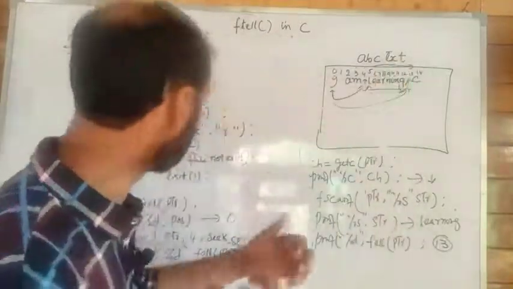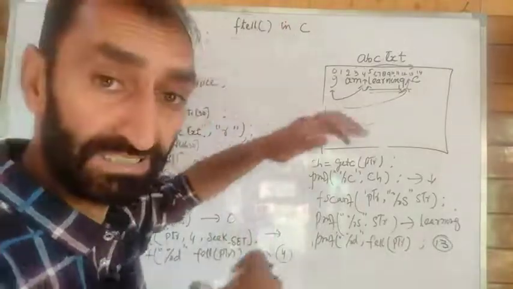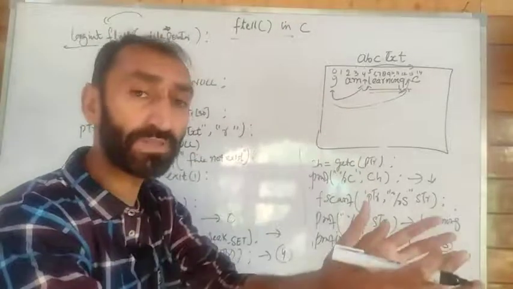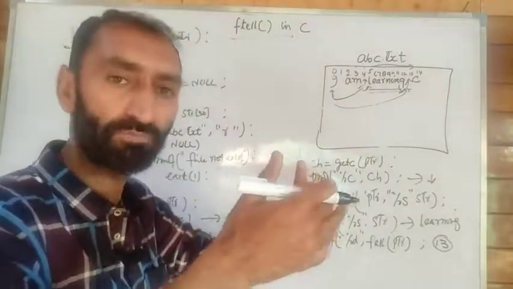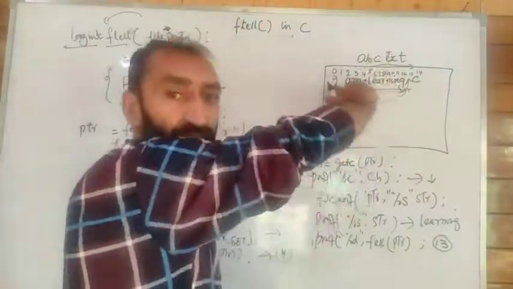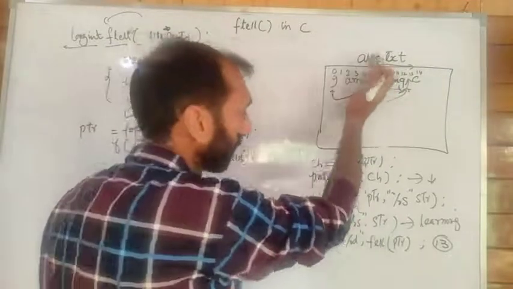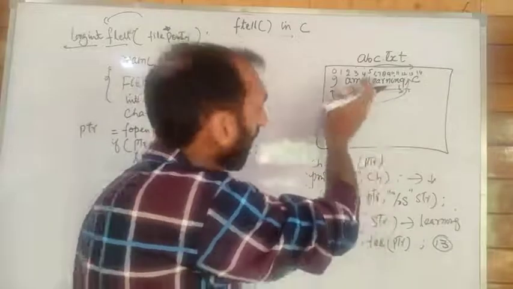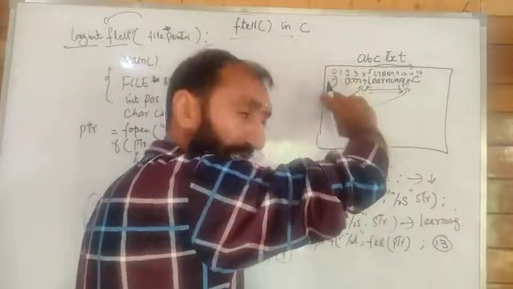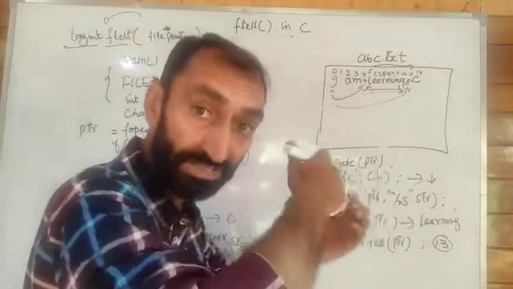So we can say that the ftell function returns the position of the file pointer with respect to the starting, not with any other location. It counts how far the file pointer is from the beginning, from the 0th index.